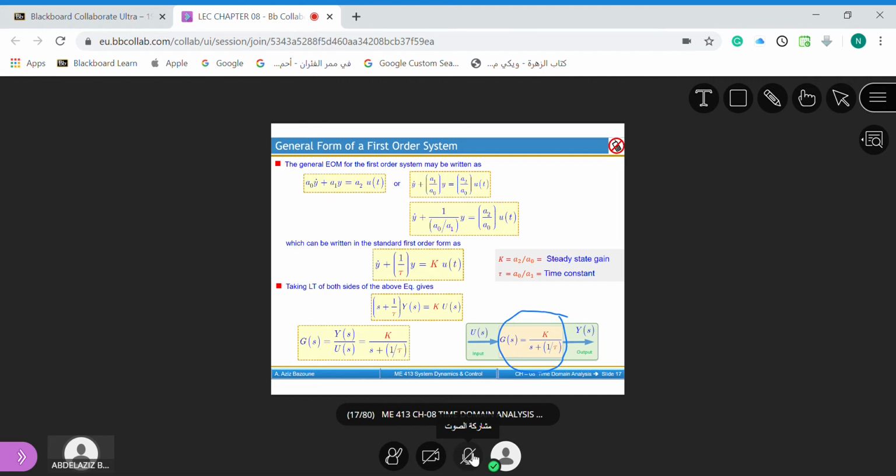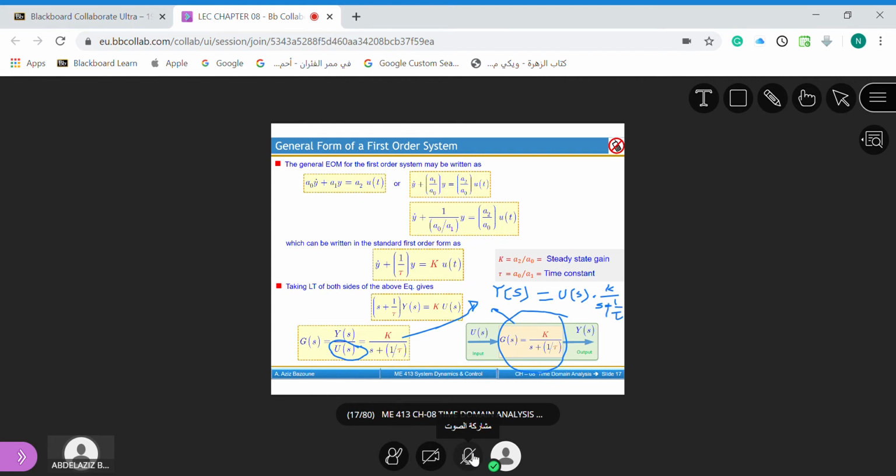So we can say that Y of S alone will be equal to U of S times K over S plus 1 over tau.